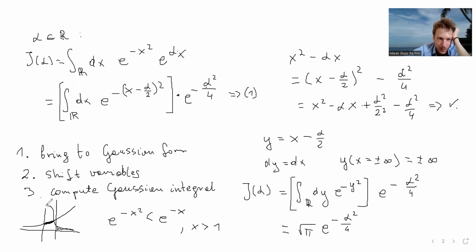So what happens here is that I'm summing up this interval where this function is non-trivial, and here it roughly has this value, e^(-alpha squared). Alpha, yeah. So it's basically summing up this function here.